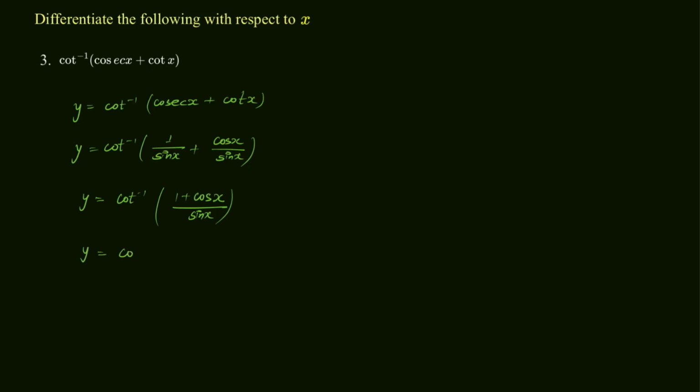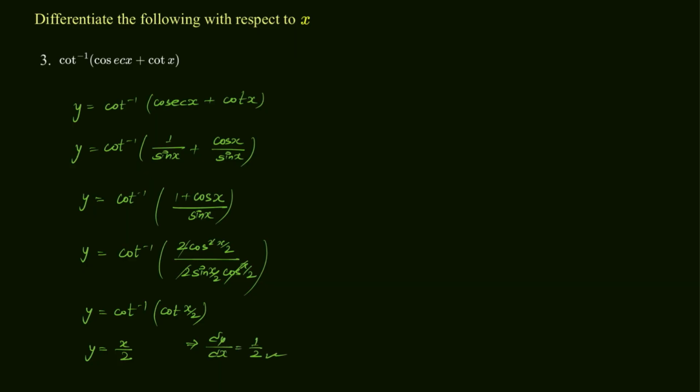So y equals cot inverse of 1 plus cos x, which can be written as 2 cos square x by 2 over sin x, which is 2 sin x by 2 cos x by 2. Cos gets cancelled, 2 got cancelled, hence my function will be cot inverse of cos by sin, meaning cot x by 2. So the given function is actually x by 2 only, and if I differentiate both sides with respect to x, then we will get the answer as 1 by 2.